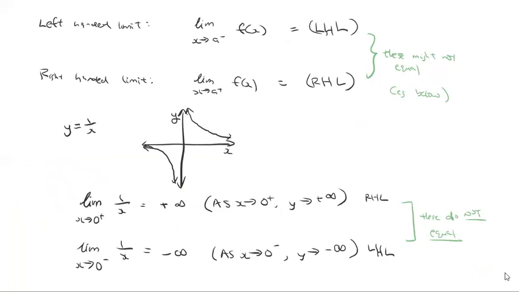So the left-handed limit, as we said, is the limit as x approaches a from the negative side of f of x. The right-handed limit is the limit as x approaches a from the right of f of x.